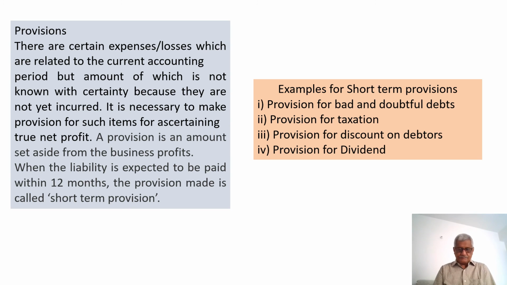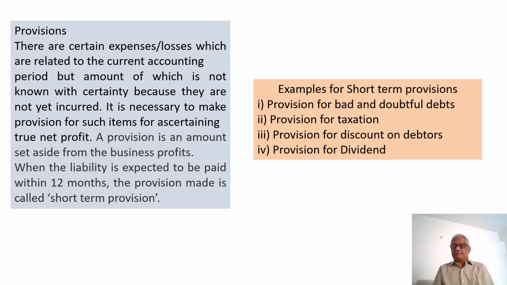Say for example, let us take the case of a provision for dividend. The company had finalized its balance sheet as on 31st of March 2021. And the company in its meeting had decided that we will pay our shareholders dividend. And the payment of the dividend may take place in the month of May, June, etc. Now, I know for sure that I have to pay dividend.